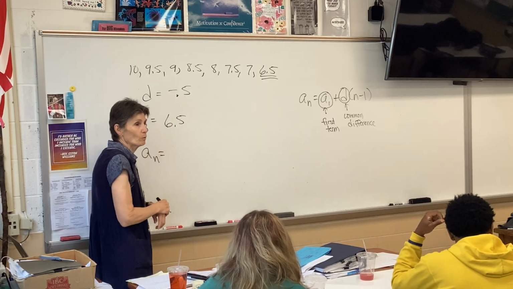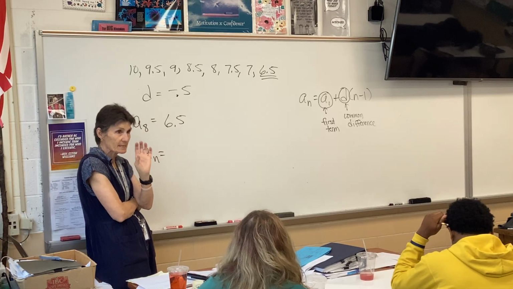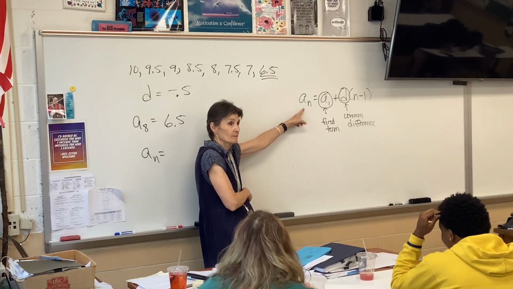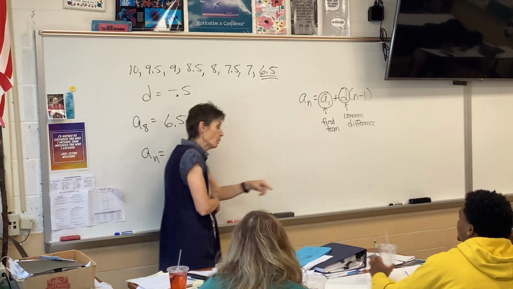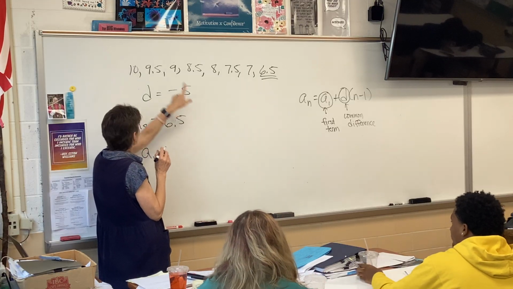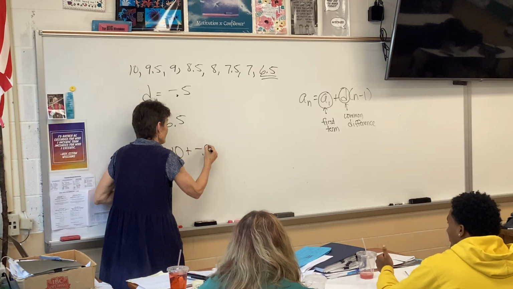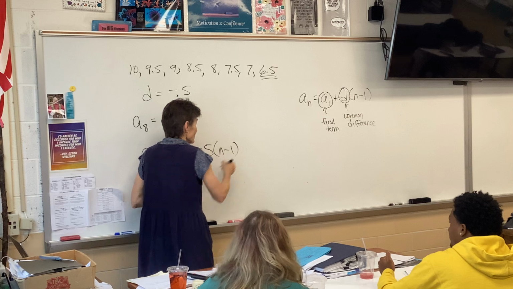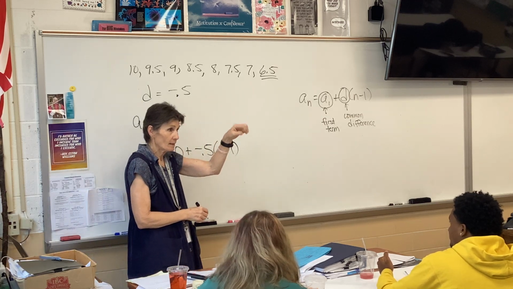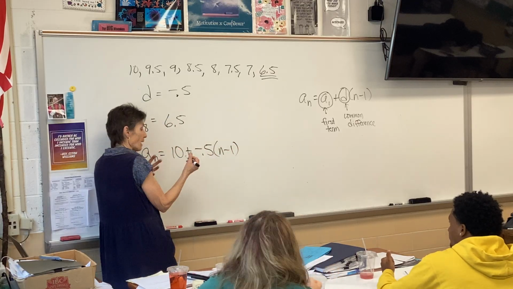Now I need to build my formula. Every arithmetic sequence, if it's arithmetic, here's your guy, right here. So what's a sub n gonna equal? 10 plus negative 0.5 times n minus 1. All you do is plug in your first term and your difference and clean it up.